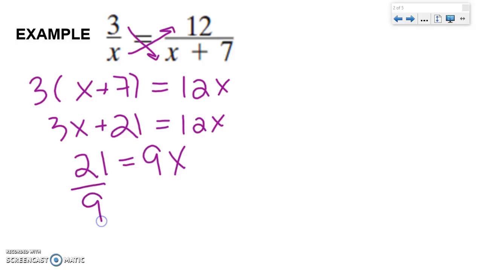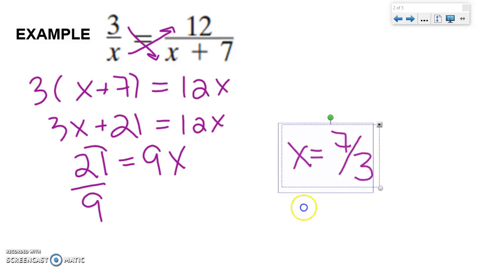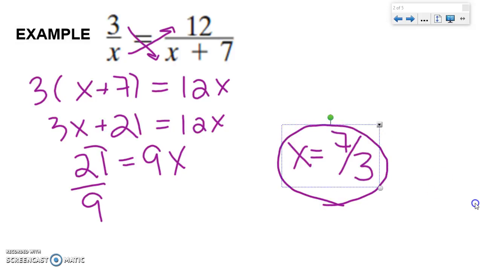Dividing by 9, this is a fraction that I can simplify. So I'm going to have that x is equal to 7 over 3. So now with this value of 7 over 3, I need to go and make sure that this value does not set either of these denominators equal to 0.